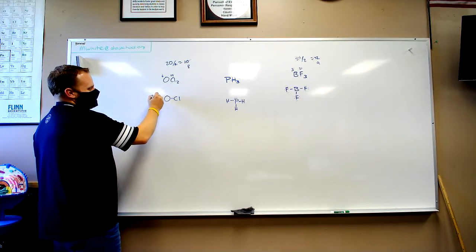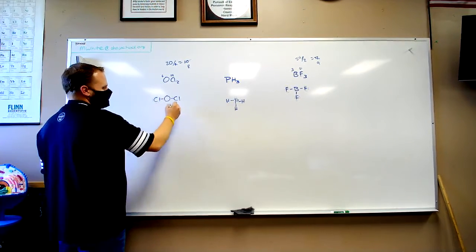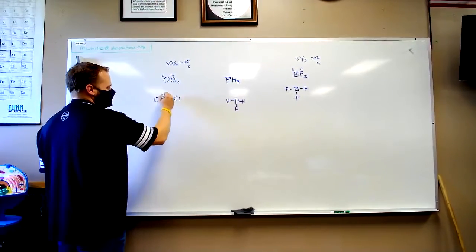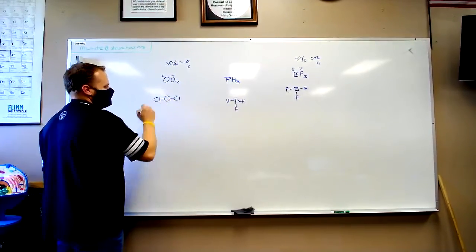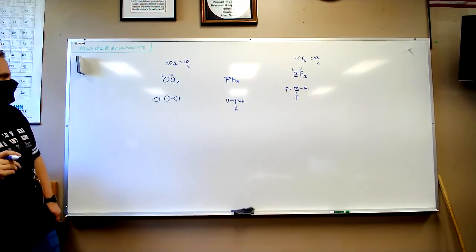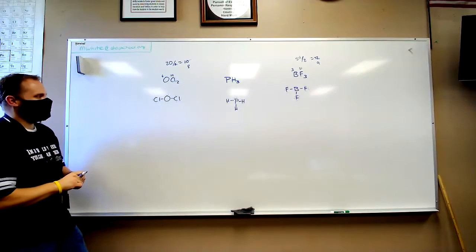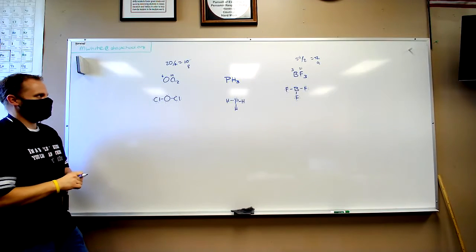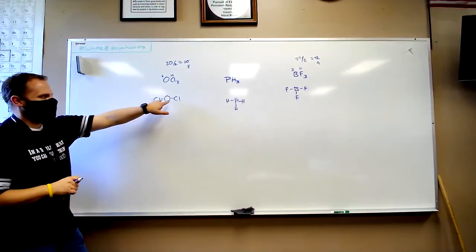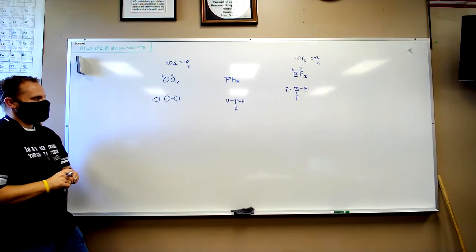So 1, 2, 3, 4, 5, 6, 7, 8. So we've used up all 20 electrons with our 10 pairs. 8 of them are all around the outside. 2 of them are there. A lot of pairs.